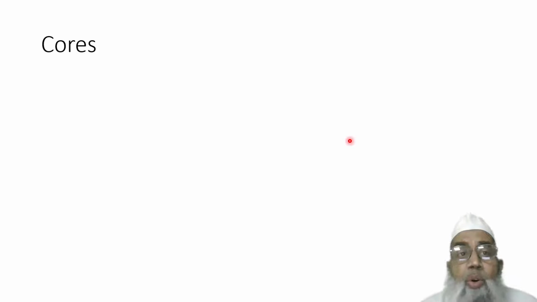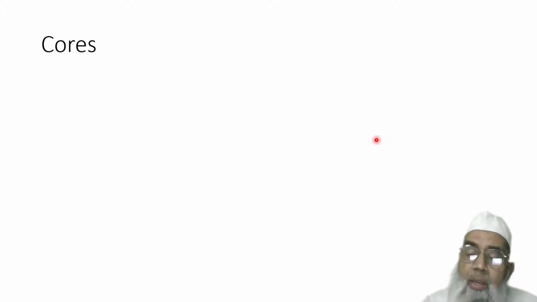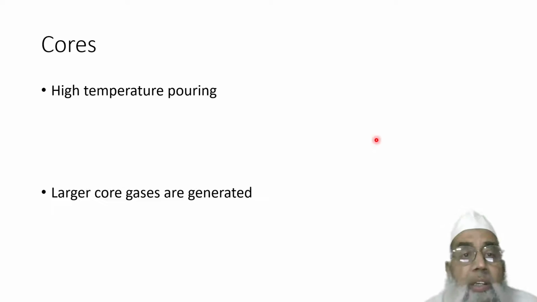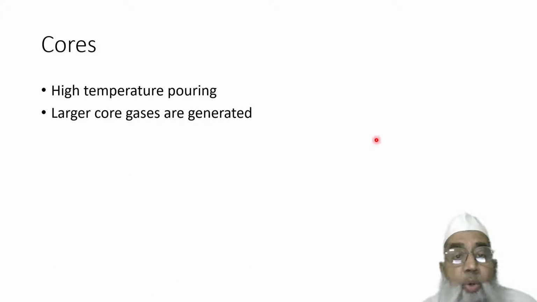Now, cores are an important problem in molding, because due to the high pouring temperature, larger core gases are generated: moisture content, gases, and the gases produced due to the reaction with the volatile material in the molding sand.